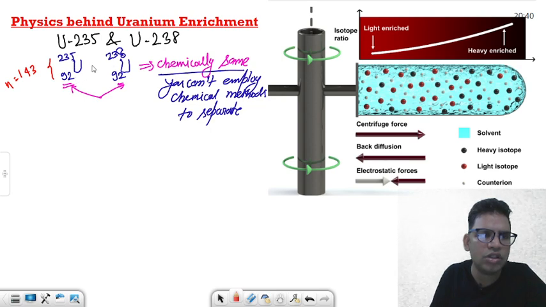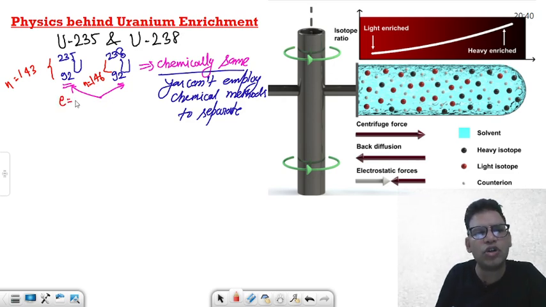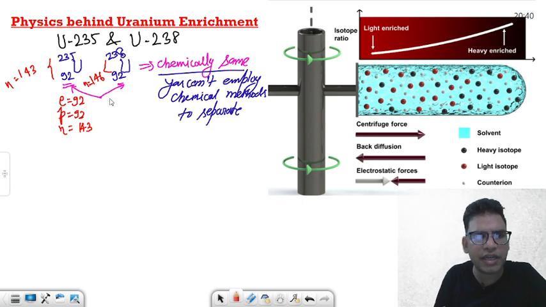So suppose you were to write electrons 92, number of protons 92, and number of neutrons in uranium-235 is 143.